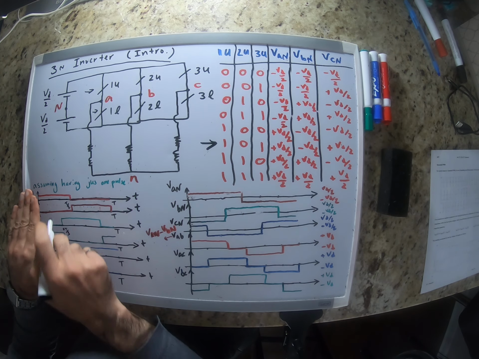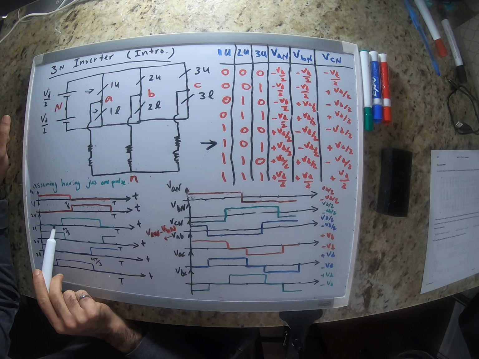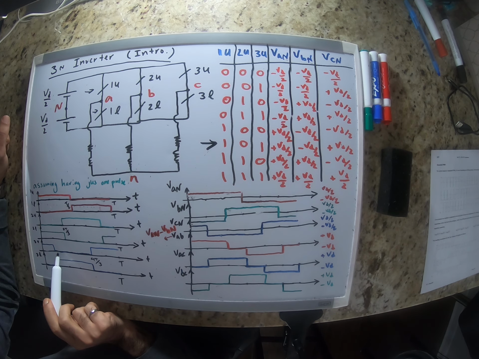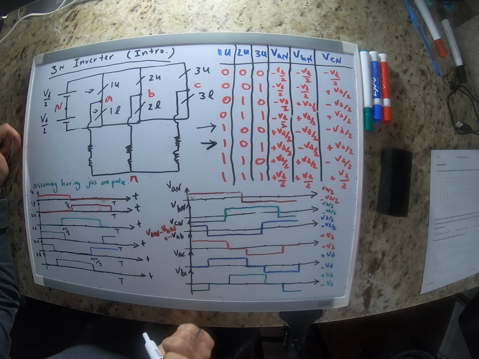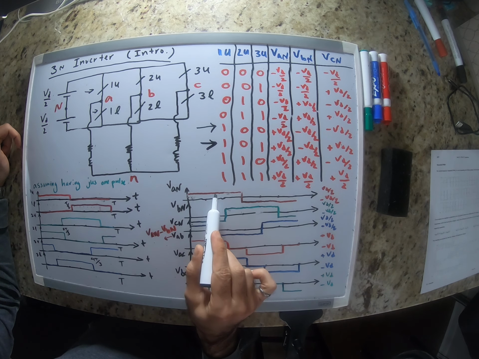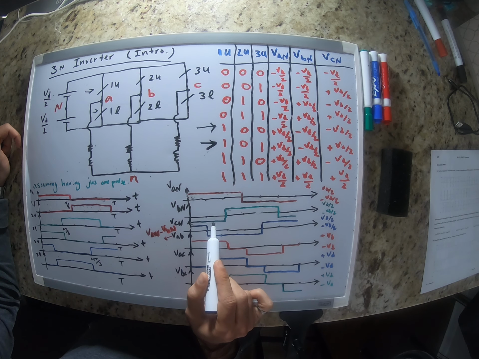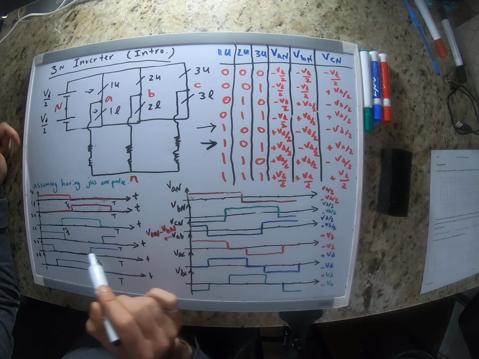Then in the second sub period, we have 1U on, 2U is off, and 3U is also off, so it would be 1, 0, 0. So we are in this state. The voltage of phase A is going to be still VD over 2. Voltage of phase B is going to be negative VD over 2, and voltage of phase C is also negative VD over 2. And we're going to continue this.